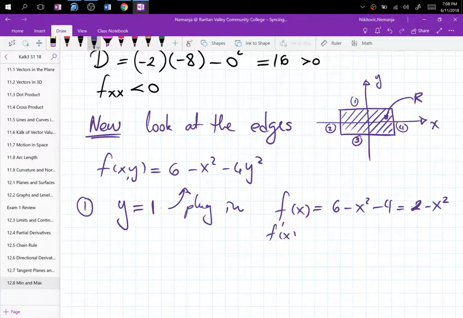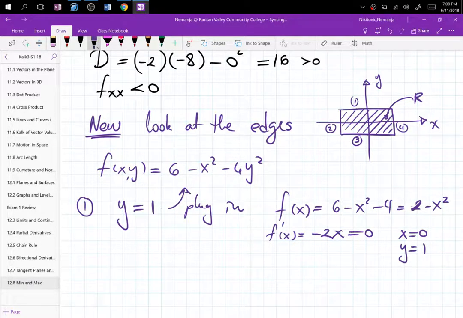So f prime of x is negative 2x equal to 0. Oh, hold on. I wrote it badly. So let's do this first, and then I'll say x equals 0. Sure. We know that y is equal to 1.